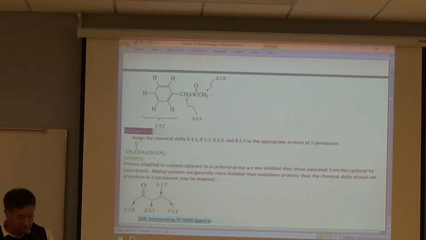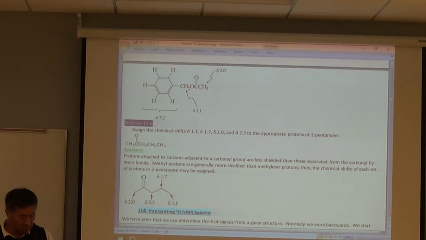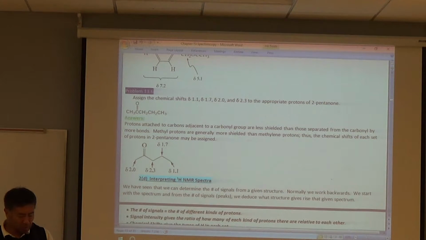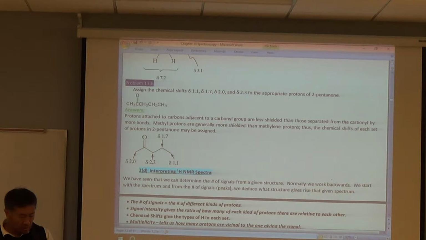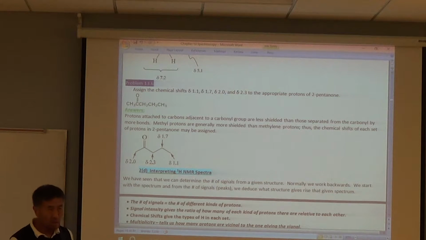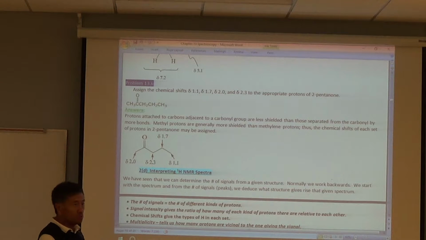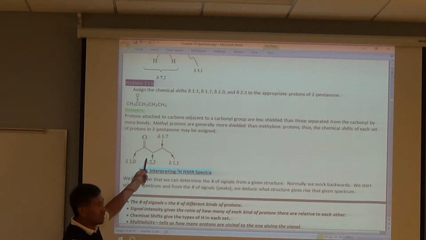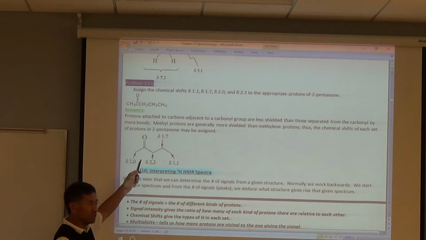Okay, so the next example is this molecule, and you will see the result for the delta is as follows. This one is what we saw before, simply because of the electronegativity of this oxygen.